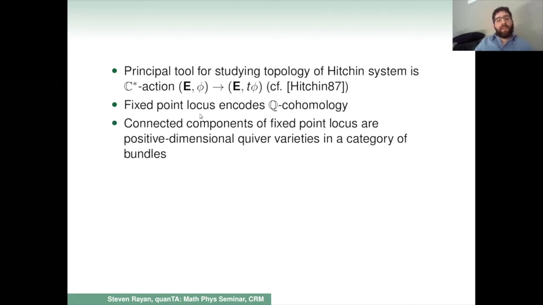This is a very hard question in a sense. The connected components of the fixed point locus are positive dimensional. They are not isolated fixed points. What that means is you're not just summing over Morse indices. You have to then compute the topology of the individual fixed point components. And they happen to be quiver varieties.